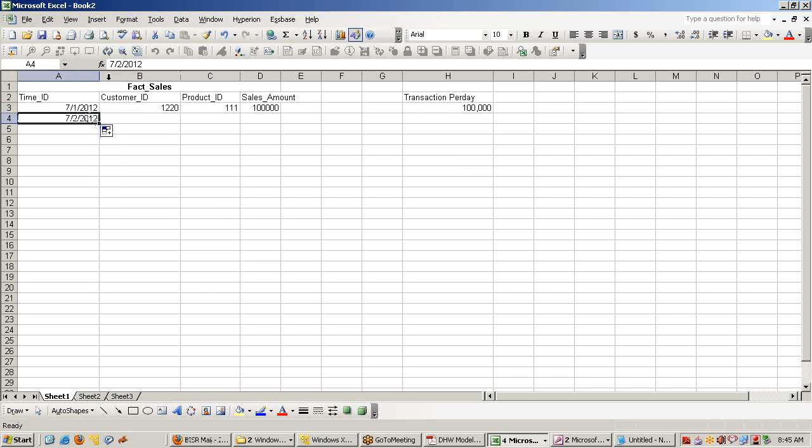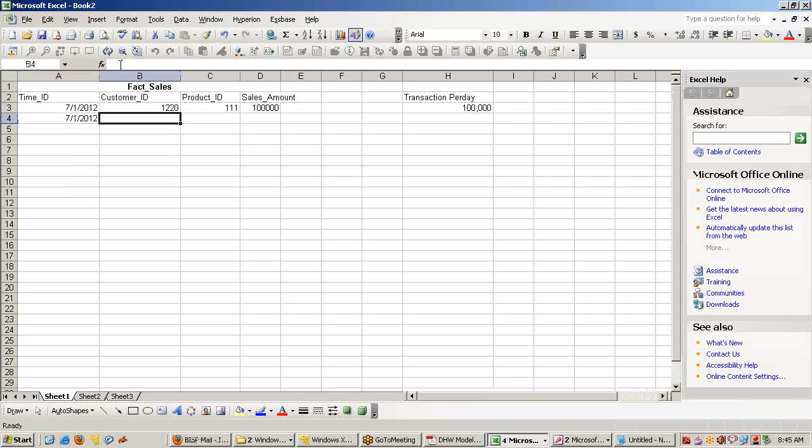The same day, customer 1, so similarly you would have 100,000 transactions for one day.